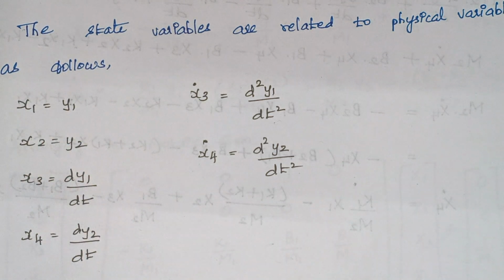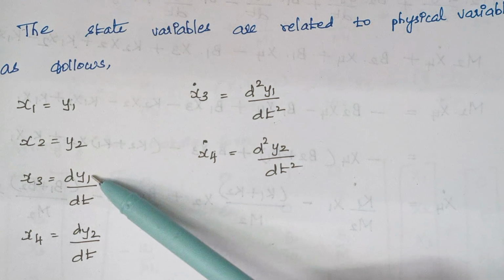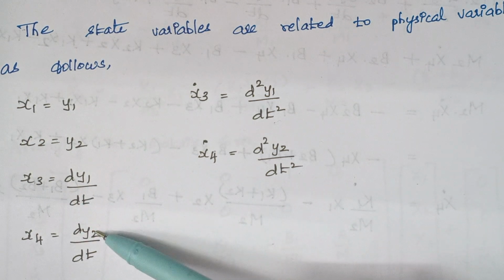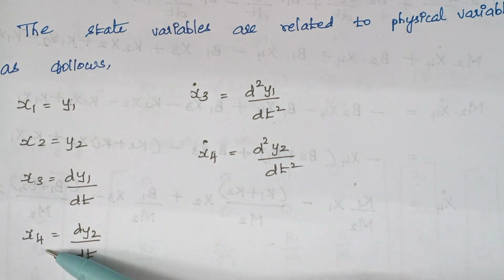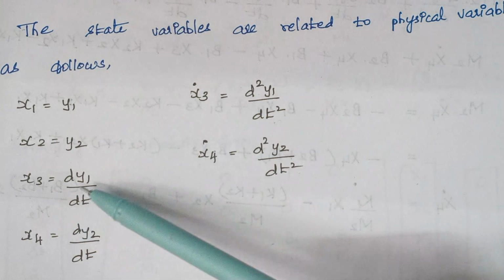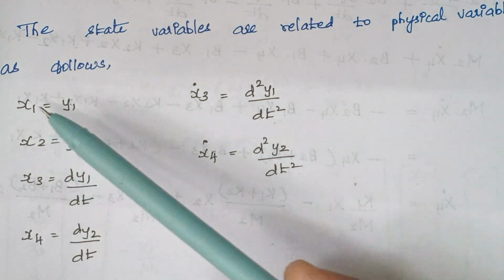Since in expressions 1 and 2 we have both differentiated terms and double differentiated terms, this differentiated term I take as x3, and this dy2/dt as x4. Even here you may ask the question: dy1/dt can be written as x1 dot.